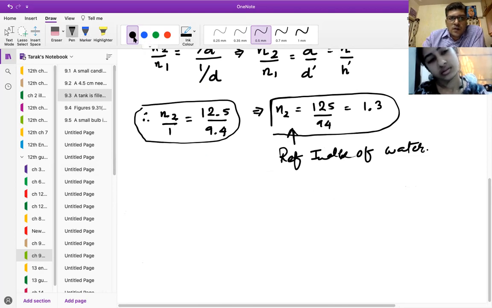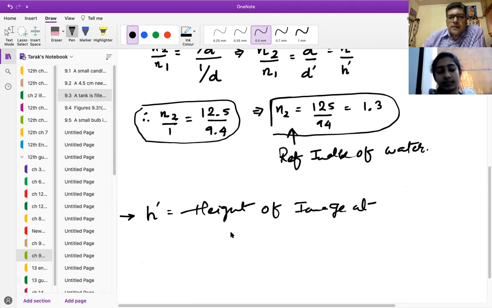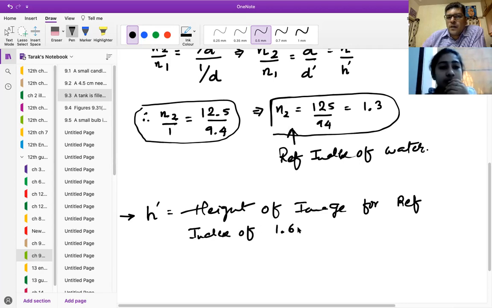So I want to use this part: h dash, the height of the image for a liquid of refractive index 1.63.